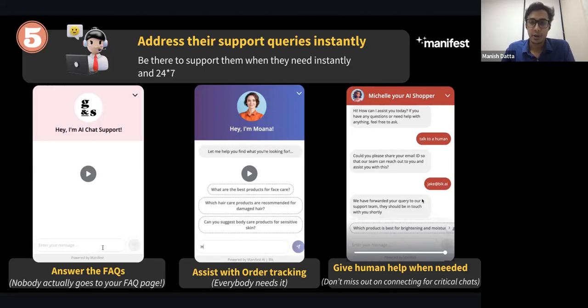And again, if you're a brand with a team of support agents, you also want to make sure that your support staff is speaking with the most critical customers, the customers who are the most engaged, the ones who are likely to give you the most business value. You want to make sure that the support staff, who again cost a lot of dollars, are reserved for such customers. And in all other cases, you can have an AI agent tackle the conversations.